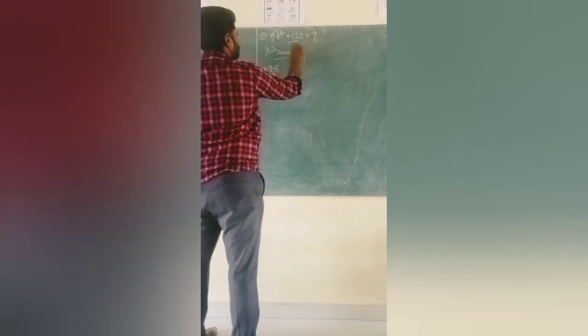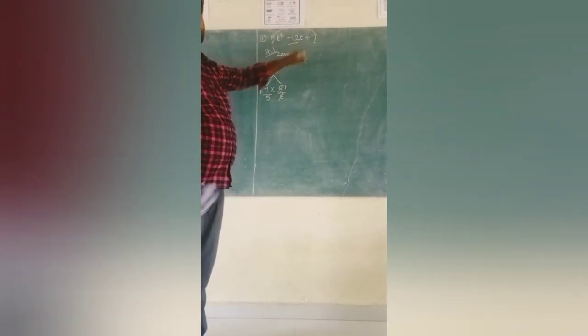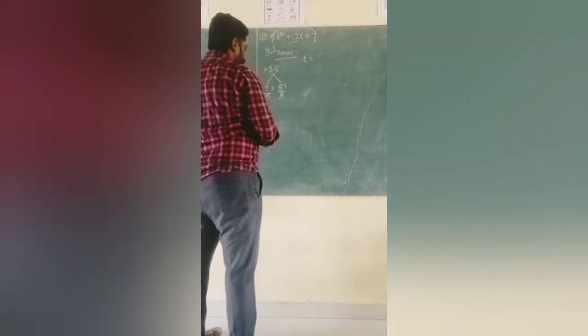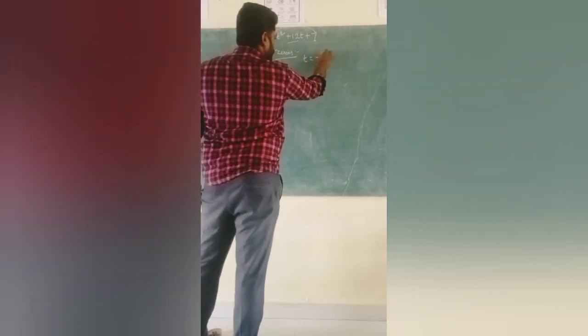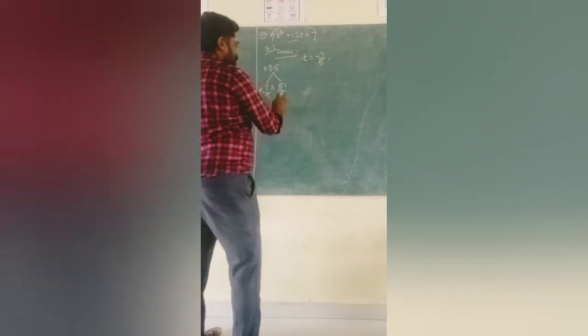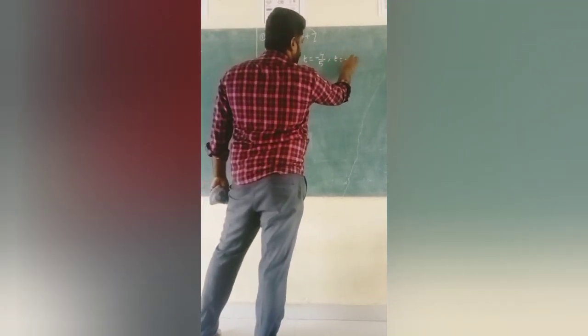T is a variable, so we need to find the t values. T is equal to 7 by 5, therefore we can write minus 7 by 5. Very simple. Then plus 1 is here, you can take minus 1. T is equal to minus 1.